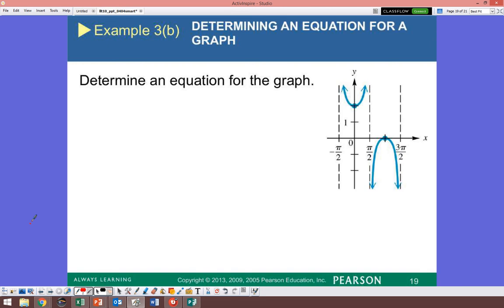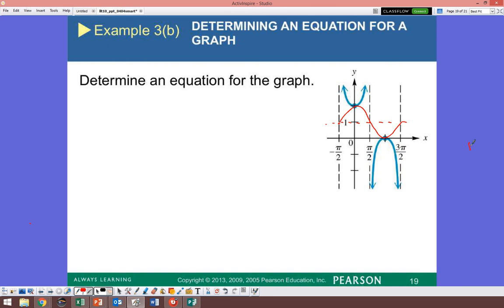So if I do this right, I'm going to start here and then I'm going to go up to here. So I basically have a dotted line at 1. And that would be our vertical shift. So the whole thing moved up. That is my vertical shift there. Is there a phase shift too?